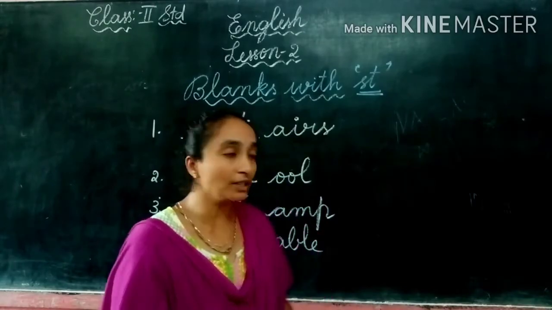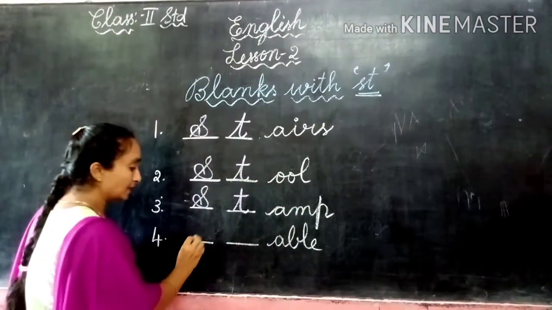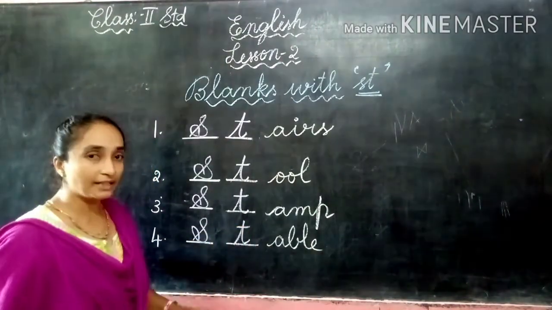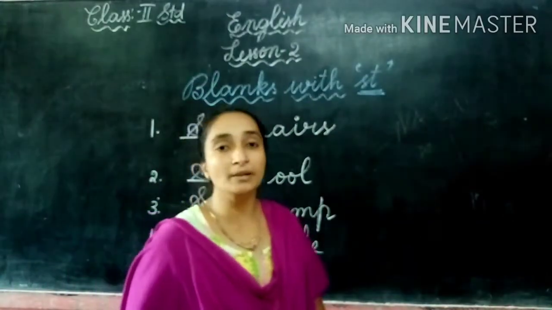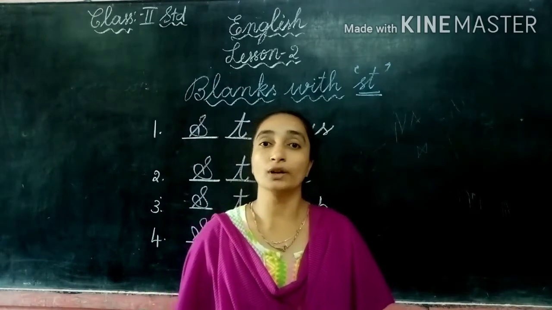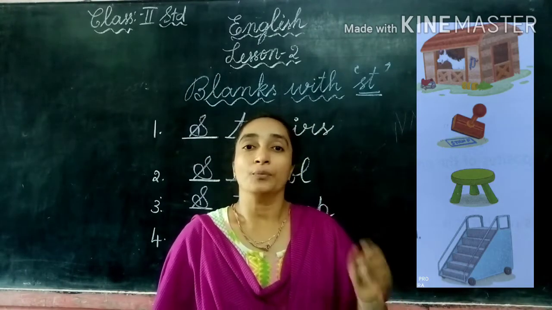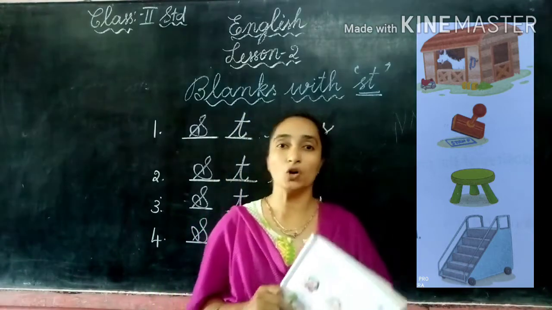And the last one, here we can see, children. We write ST. The spelling is S-T-A-B-L-E, stable. What is called a stable? That is the place where the horse lives, where we keep the horse.